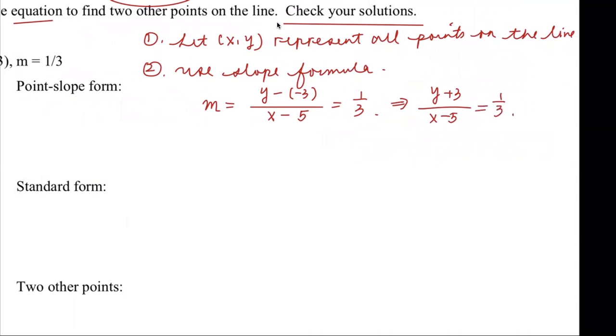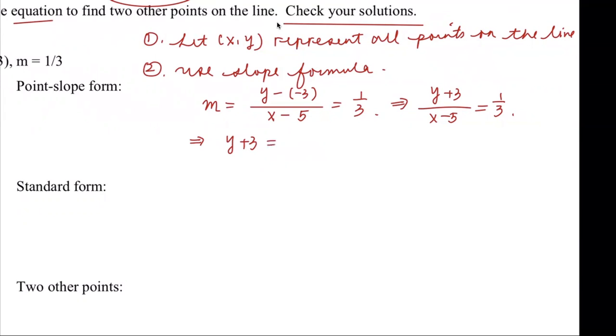Now we use a very simple mathematical operation to move x minus 5 to the right side: we multiply x minus 5 on both sides of the equation. The left side will be y plus 3, because x minus 5 on the numerator and denominator cancel out.